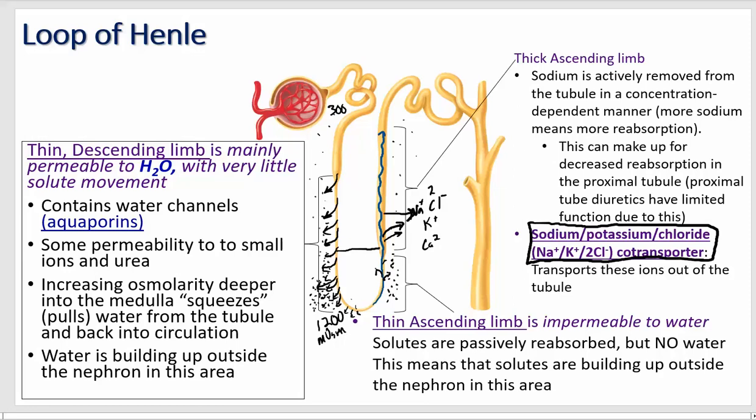Now the reason that's important is, first of all, it's the major transporter that's getting most of those ions out. And the other thing is that we have furosemide or Lasix, which can block this. So that's why we talk about it, that's why we care about it.